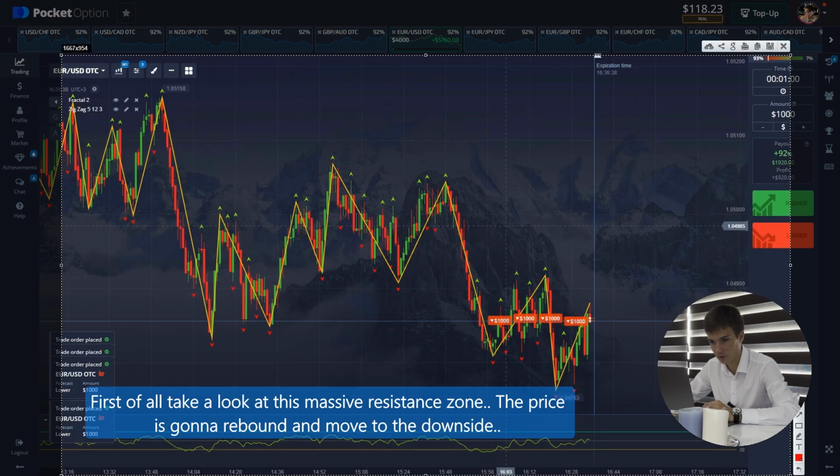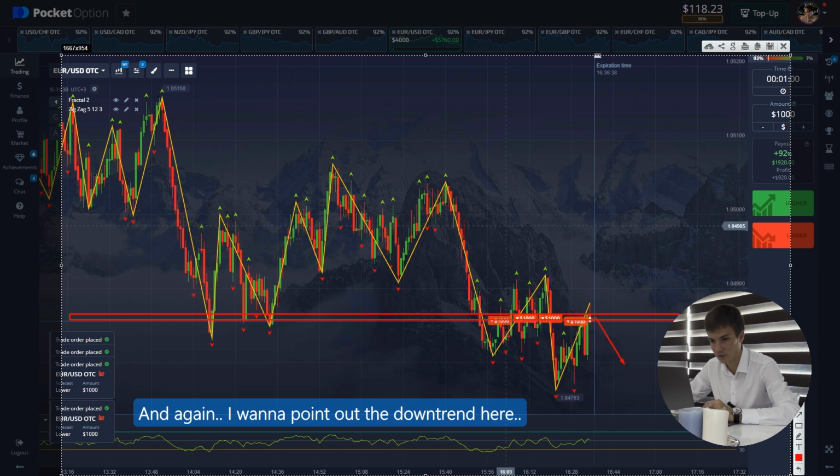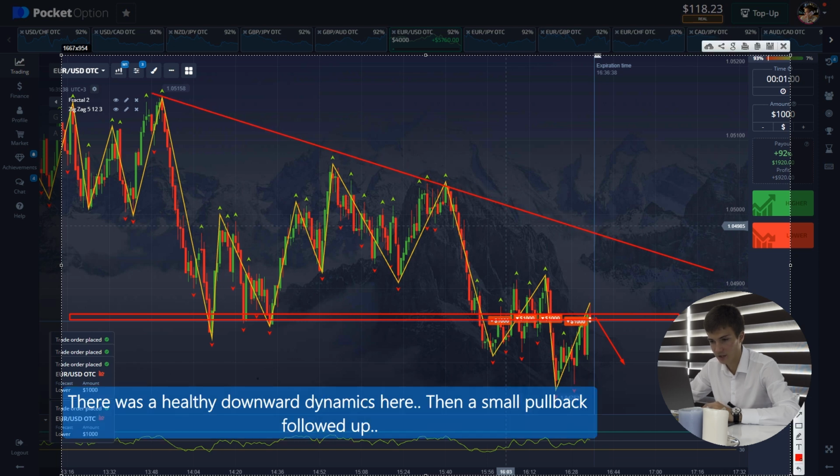First of all, take a look at these massive resistance zones. The price is going to rebound and move to the downside. And again, I want to point out the trend here. There was a healthy downtrend dynamic here, then a small pullback followed up.